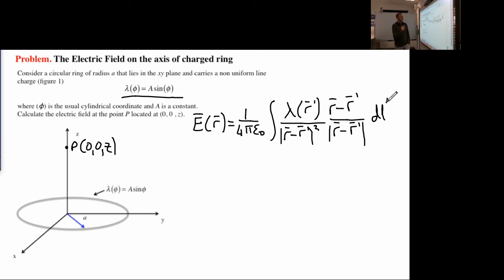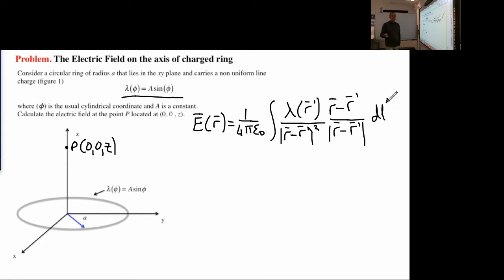Now remember again, we have the prime here. This is very important. We have the prime here because the electric field will depend on the source. It's going to change in direction, and the direction is given by the source. Okay, so this is our equation.